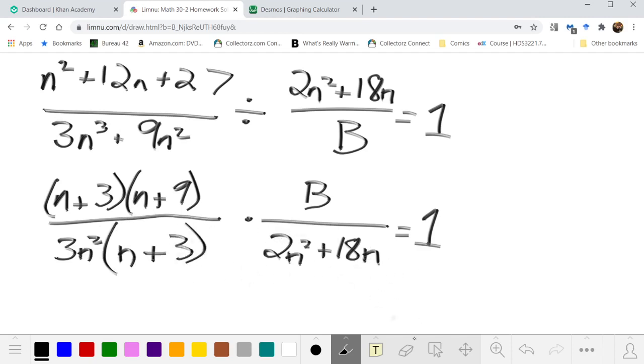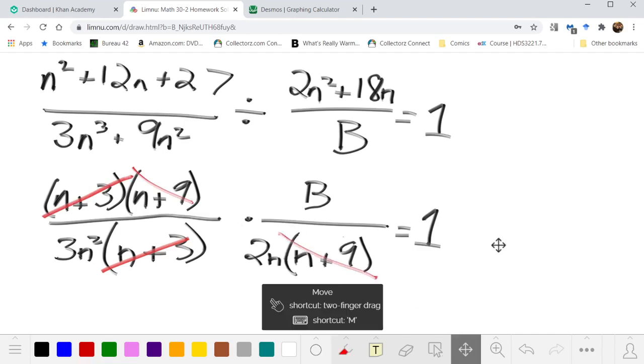Our right-hand denominator has a common factor of 2n. So if we rewrite that, having pulled out that common factor of 2n, we are left with n plus 9. This means we're going to have our n plus 3's cancel and our n plus 9's cancel.